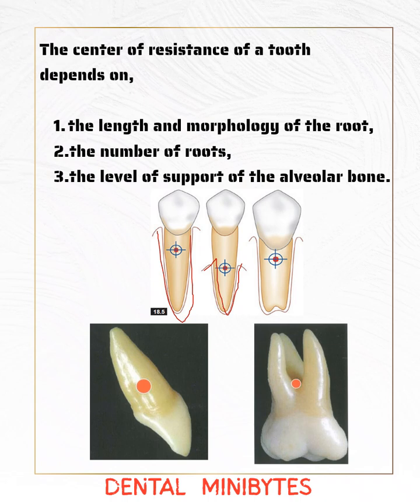So here the center of resistance will shift a little apically. So from here it is shifted to here. It also varies according to the number of roots. That is, for a single rooted tooth, the center of resistance is present between the cervical and middle third of the root, and for multi-rooted teeth like molars, it is present at the furcation area.